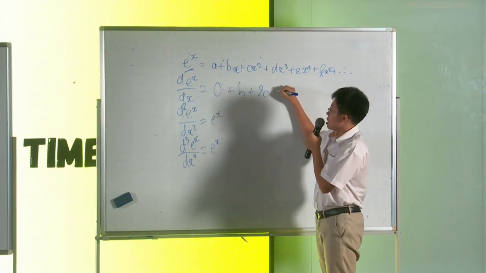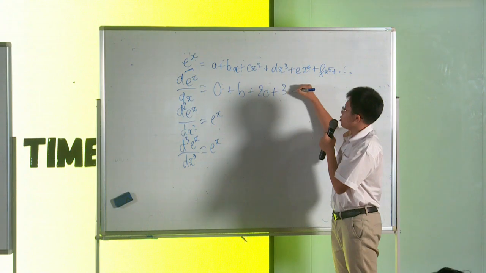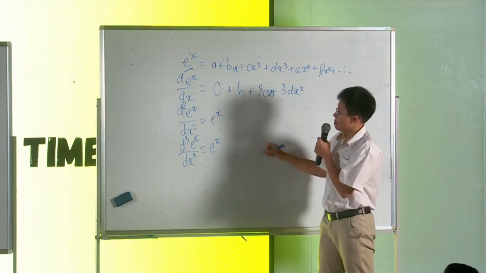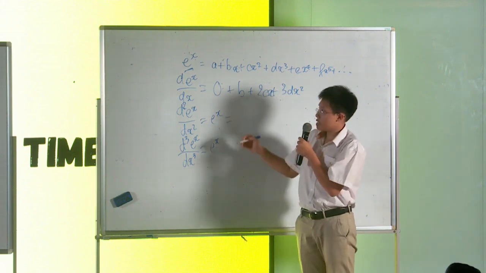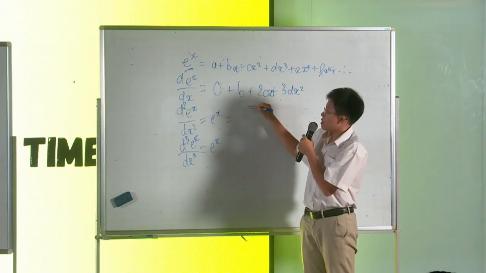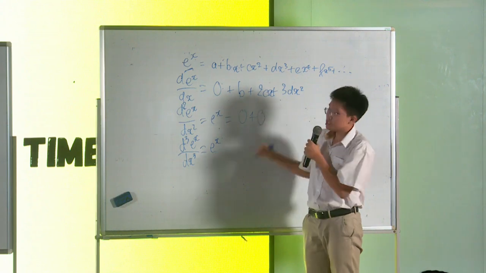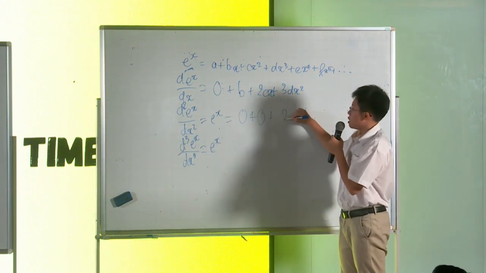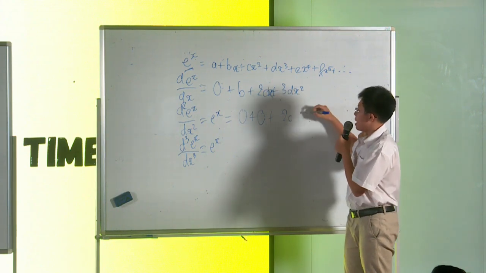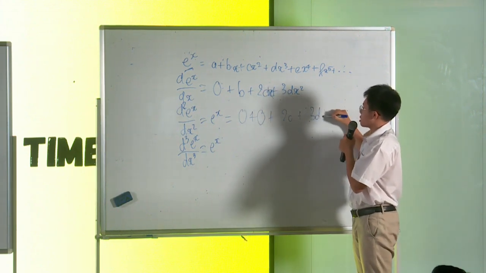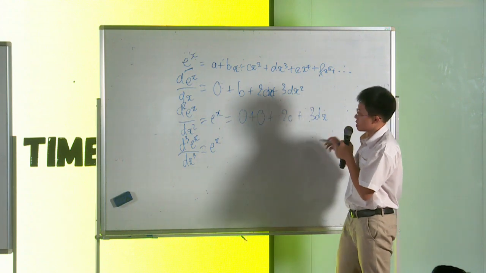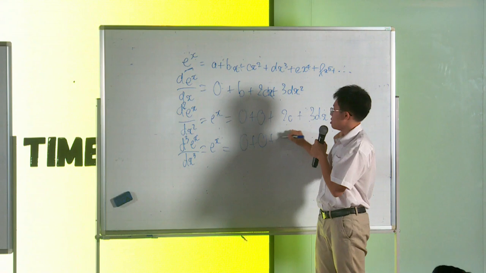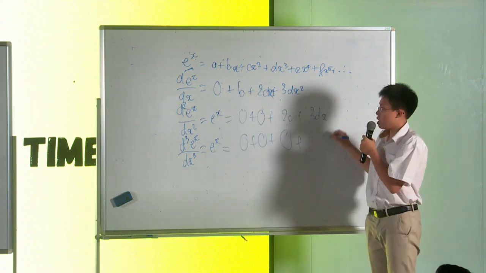And this is 2cx, this is 3dx squared. For this one, it is also the same. The b would become a 0 because it takes away one term. For the c, it will lose its x, and for the d, it will lose an x too, so it will be 3dx.